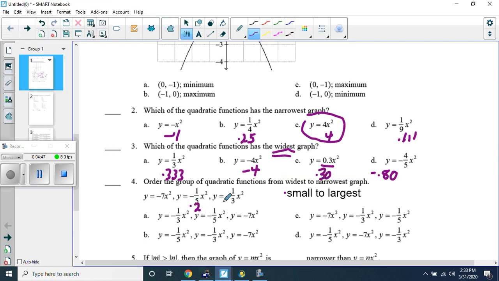And -1 divided by 3 is 0.3 repeating. So the 0.2 is the smallest number, so it'll be the widest graph. So it looks like the answer is B.